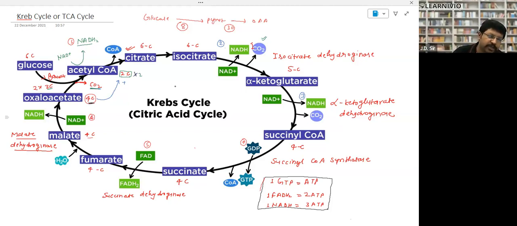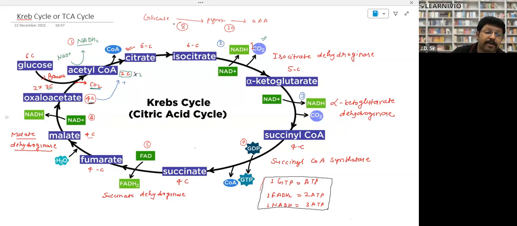When fumarate changes into malate, again a 4-carbon compound, no energy generation takes place. When malate changes into oxaloacetate, which is a 4-carbon compound, NADH formation takes place, meaning energy generation. Now when the cycle restarts, this 4-carbon oxaloacetate combines with acetyl coenzyme A, which is coming from the pyruvate.